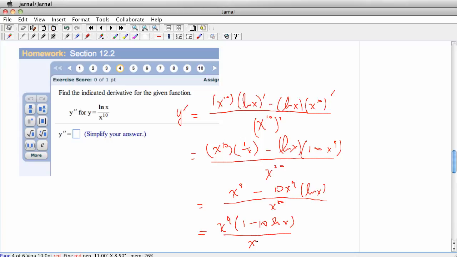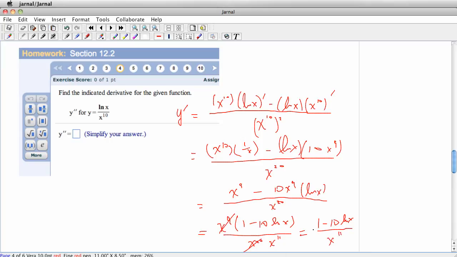And then finally I can simplify this a little bit because I have 9 x's here and 20 x's here. So I can cancel 9 of those x's and have just x to the 11th. So my first derivative, I'm not done yet, but my first derivative is 1 minus 10 log x over x to the 11th.